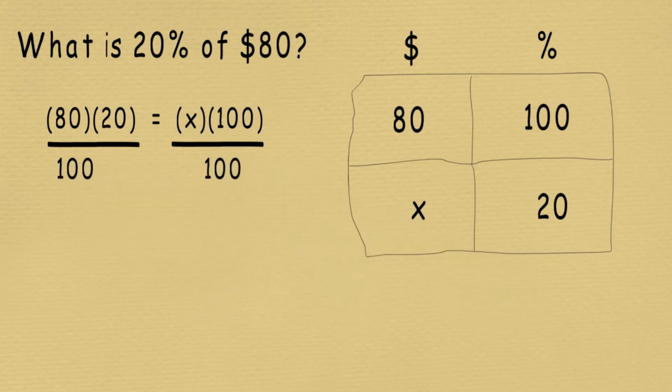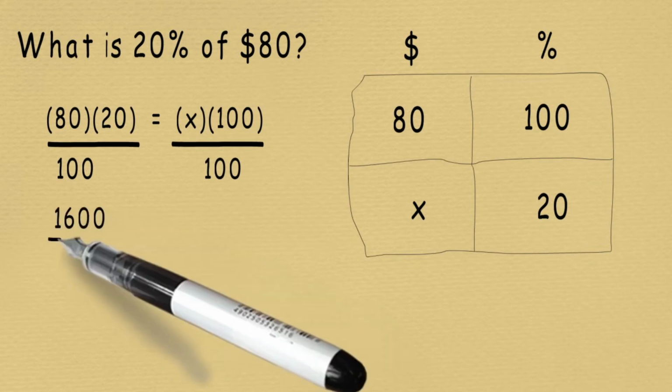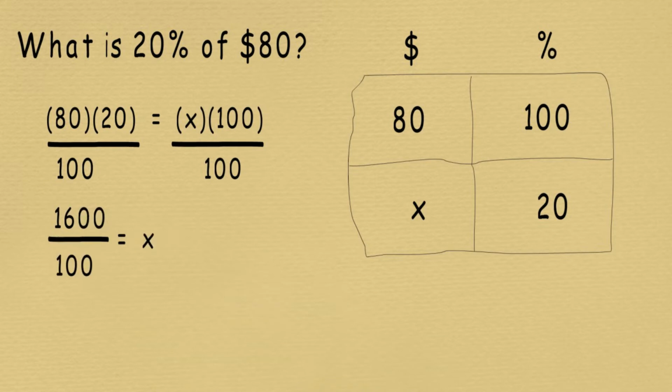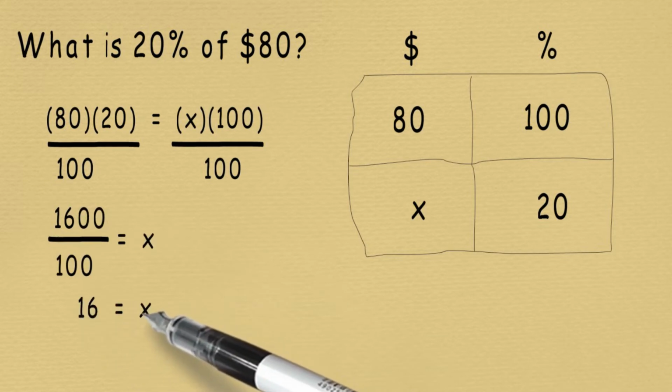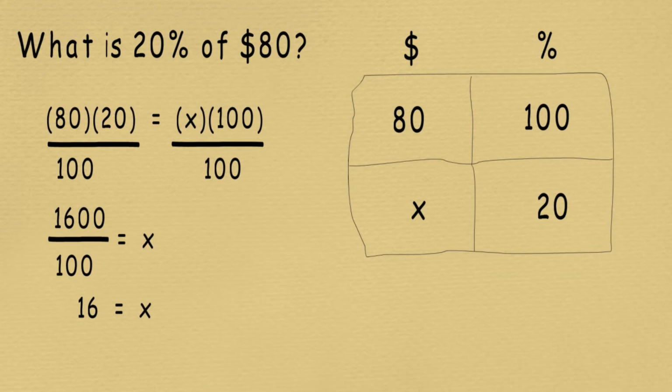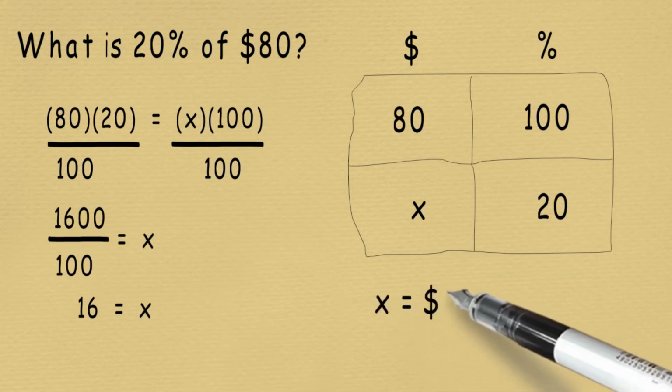And I reduce the left side of the equation, which is 80 times 20 is 1,600, divided by 100 equals X by itself. So that's 16 equals X. So that is the answer. X is equal to $16.